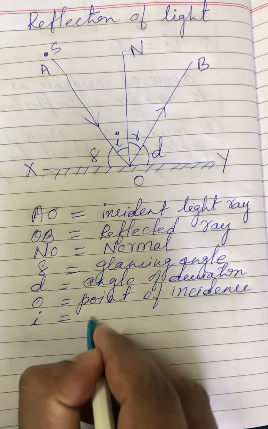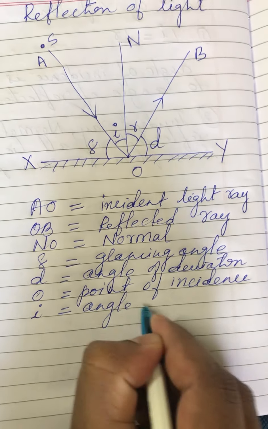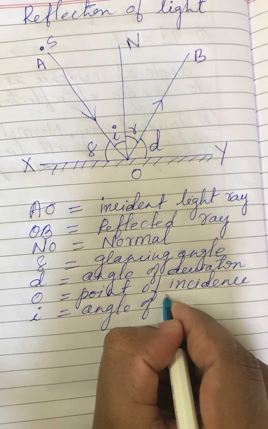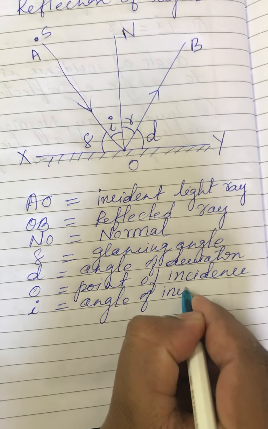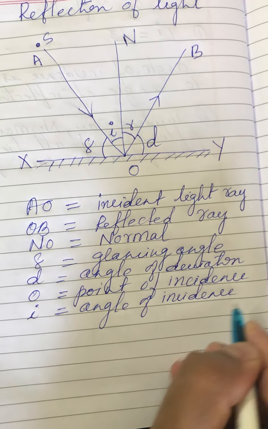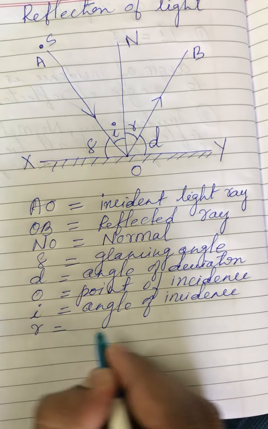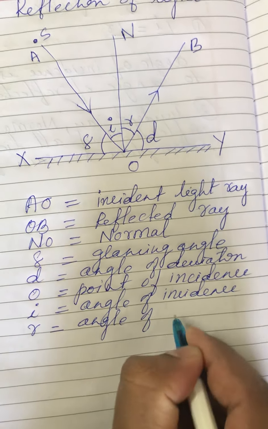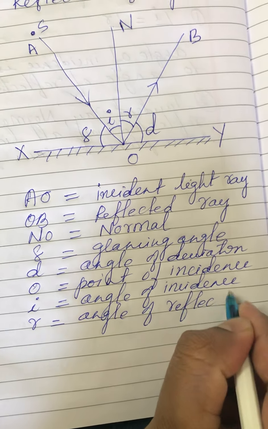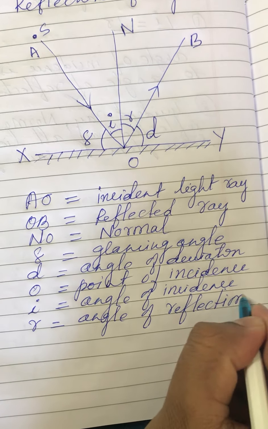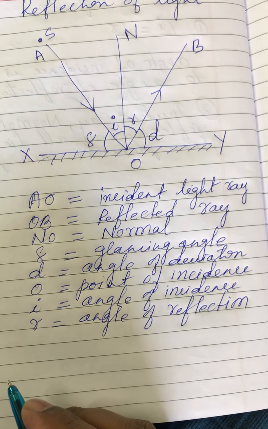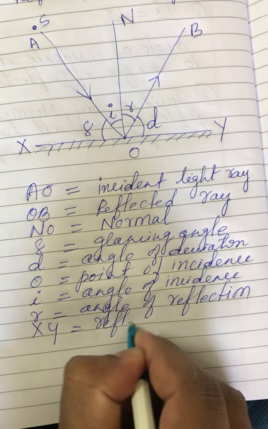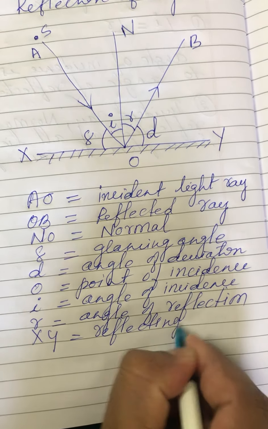I is angle of incidence. R is angle of reflection. XY is the reflecting surface.